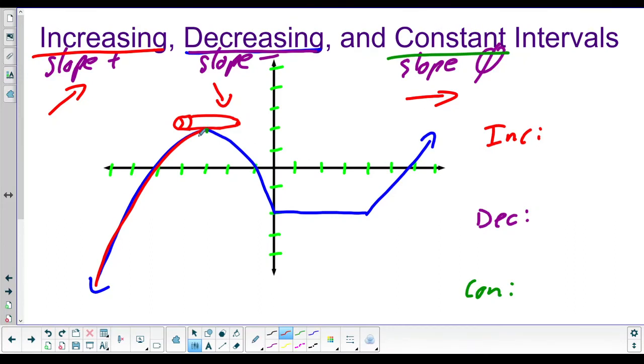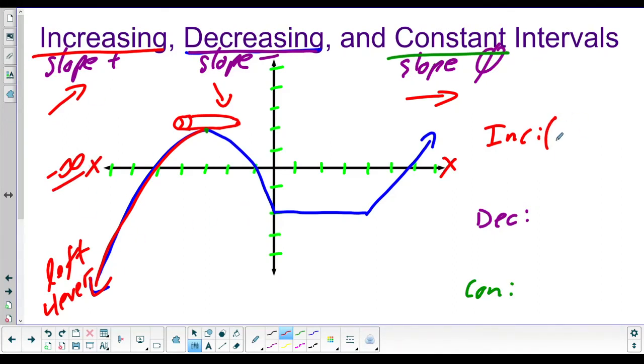So this increasing interval starts over here at an arrow. So this means this thing is going left forever. Left forever would be negative infinity. We are only writing stuff from the x-axis. We do not care about how far up and down it is. All we care about are the x intervals where it happens. So our increasing interval starts at negative infinity.